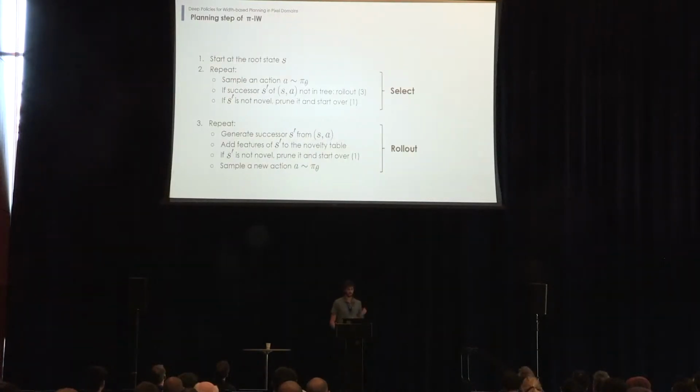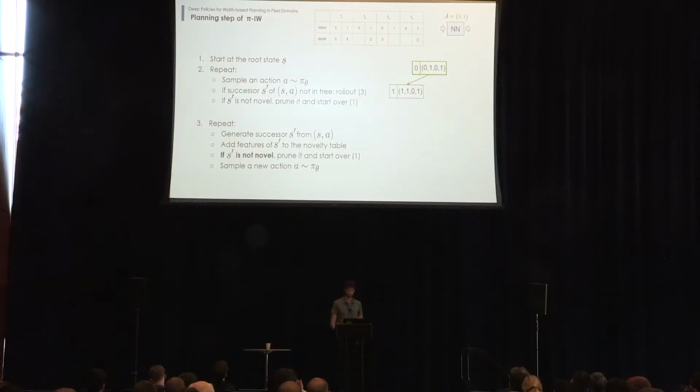So let's see the planning step. It consists of two functions, select and rollout. Let's see a quick example. We can see up there a novelty table and the neural network that will guide our plan. We start from the root node. We sample an action from the policy estimate. Since the successor for this action is not in the tree, we roll out and generate a successor, and add features to the novelty table.